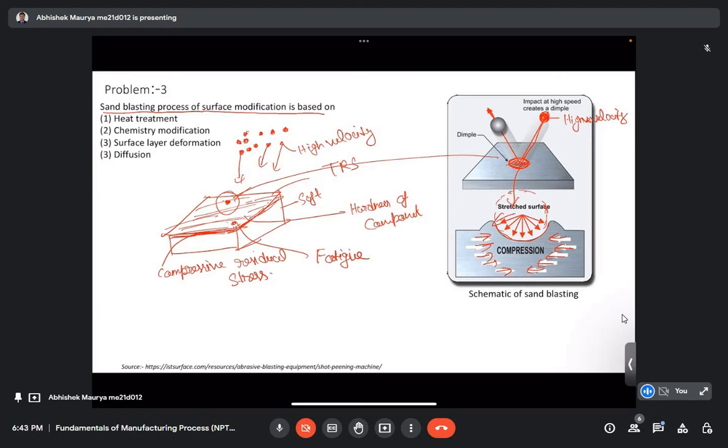So the correct answer for the sandblasting process is surface layer deformation. I have explained the solution.